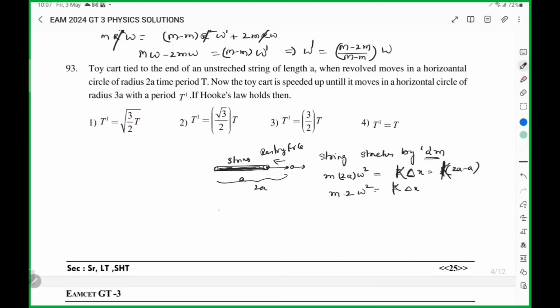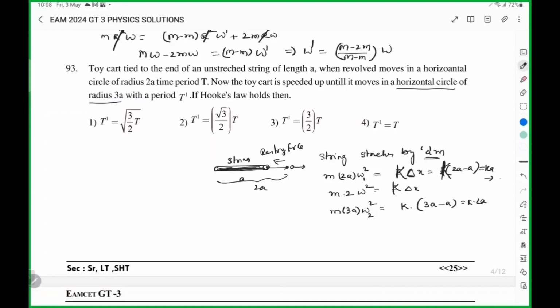Next, the cot is speeded up until it moves in a horizontal circle of radius 3a. That means m into 3a omega square equals K into (3a minus a). Dividing, with omega 1 and omega 2, this is K a and here K into 2a.